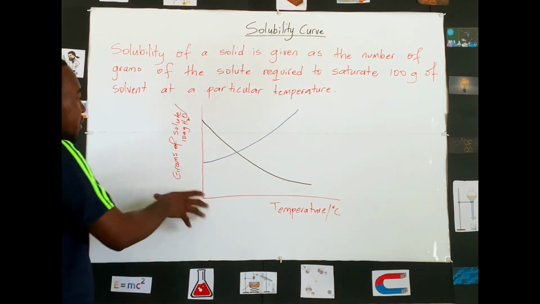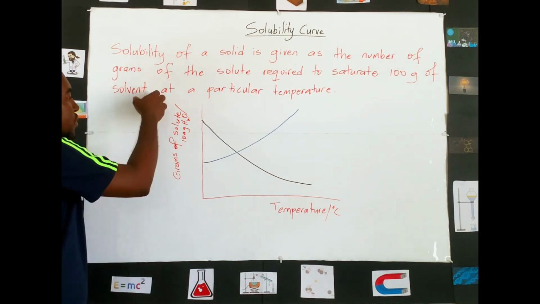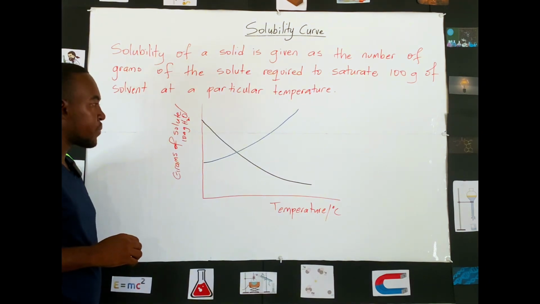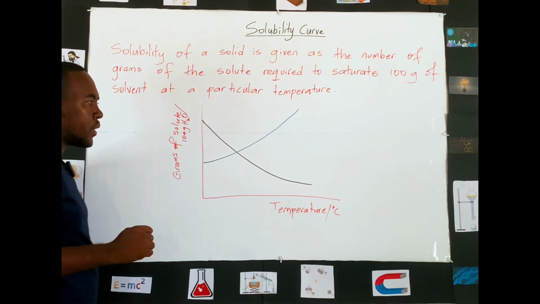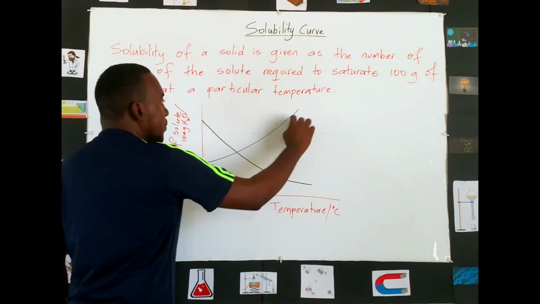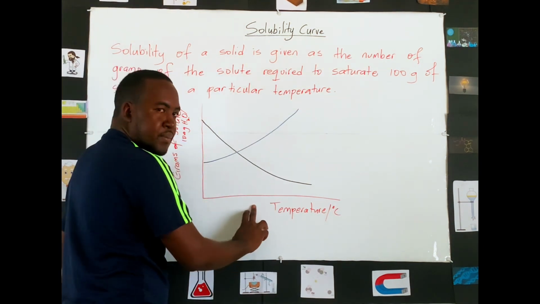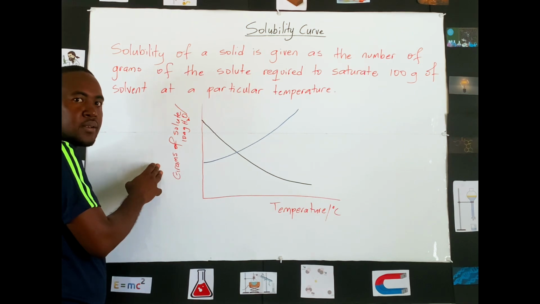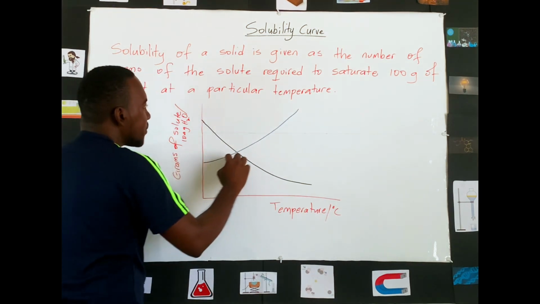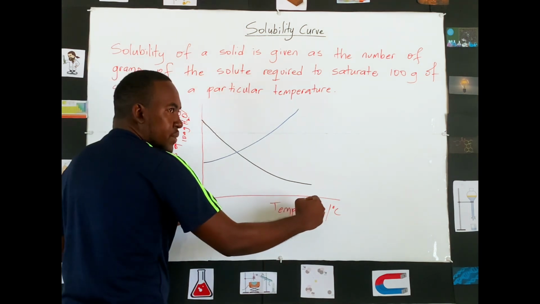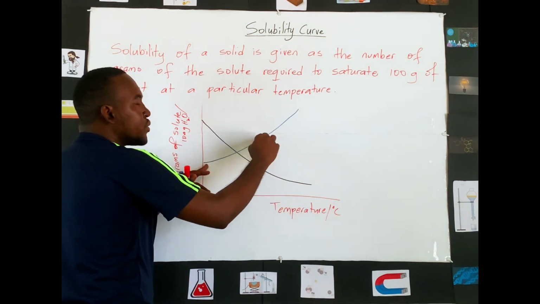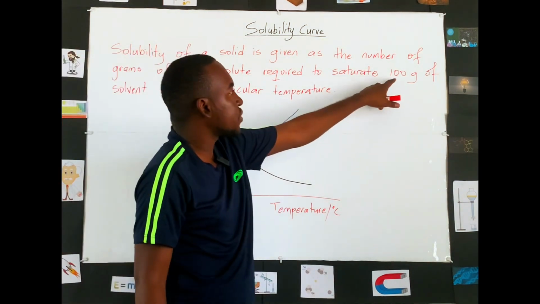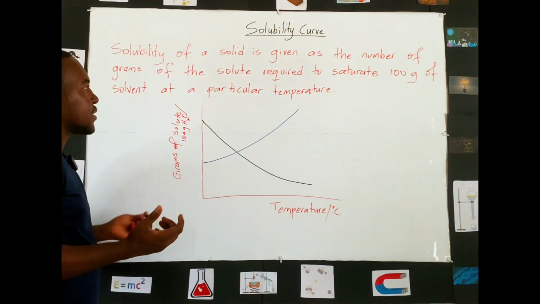So in the curve, we normally have grams of solute on our y-axis and temperature on our x-axis. We can have two shapes of graphs. Now, the blue graph here represents that as the temperature increases, the solubility of this substance also increases. So as temperature increases, it requires more solute to make this 100 grams of solvent solution a saturated one.